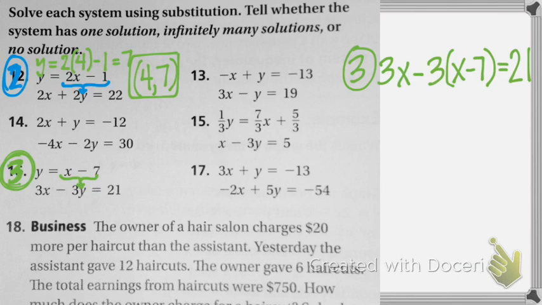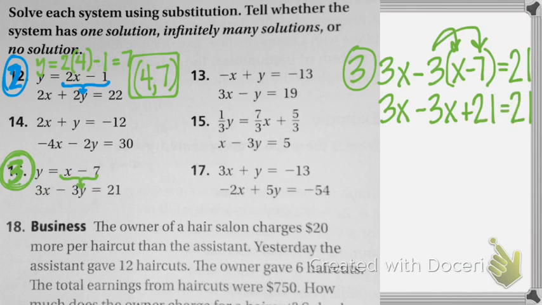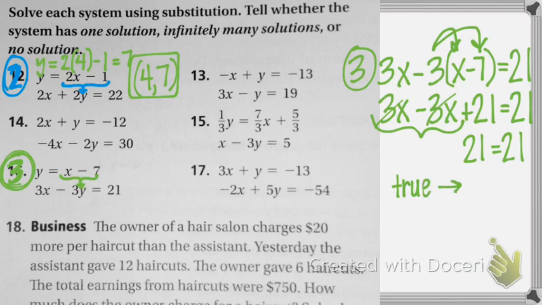Okay, same deal. I've got this variable in the parentheses, so I need to distribute to get rid of it. And I get 3x minus 3x plus 21 equals 21. And what's 3x minus 3x? It goes away, and I get 21 equals 21. If that is true, which it is, your answer is infinitely many.